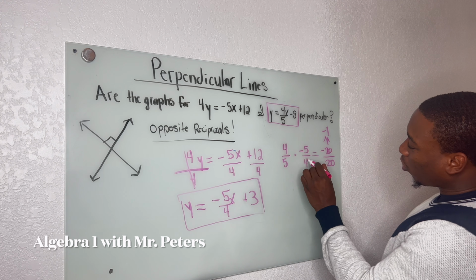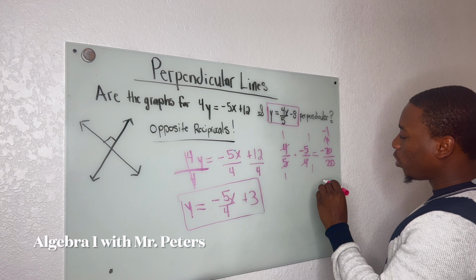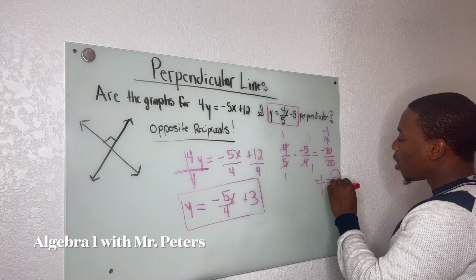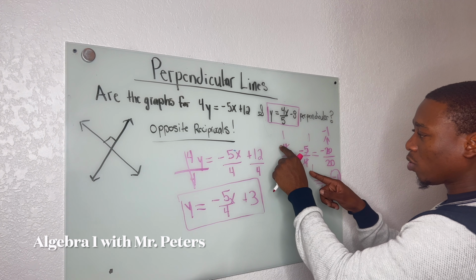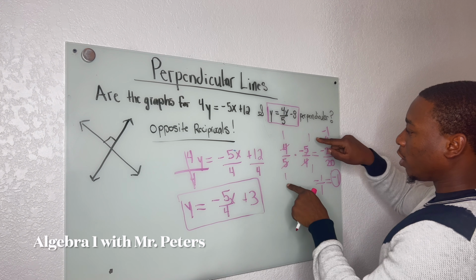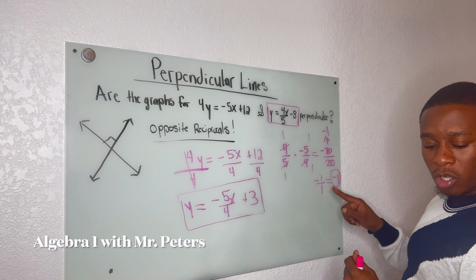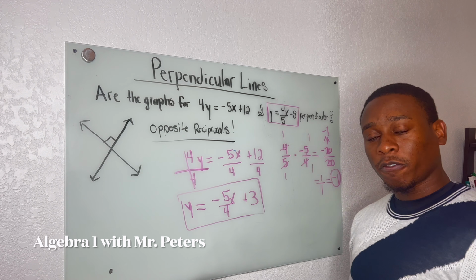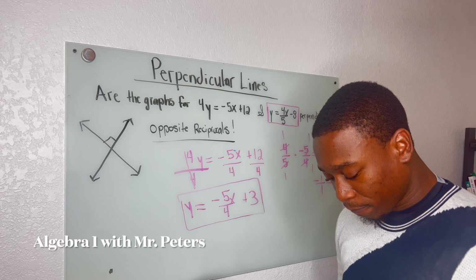Or if we had cross canceled, everything would have been 1, and we would have just had -1/1, which is just -1, okay? So, like I said again, if we cross cancel, meaning canceled out the 4s, change those to 1, did the same thing with 5, we would have -1/1, which just simplifies to -1. So this problem definitely fits that criteria of opposite reciprocals, okay?